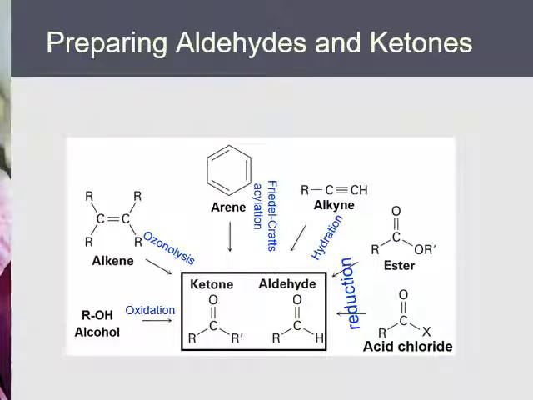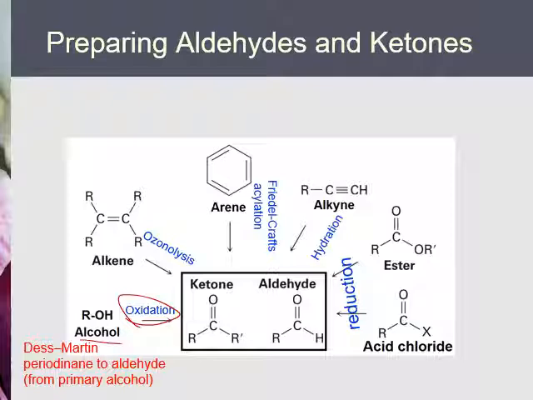In summary, ketones and aldehydes can be synthesized by oxidation reactions from alcohols. Primary alcohols give aldehydes using Dess-Martin periodinane as oxidizing reagent. Secondary alcohols give ketones. Ketones and aldehydes can also be synthesized by ozonolysis of alkenes.